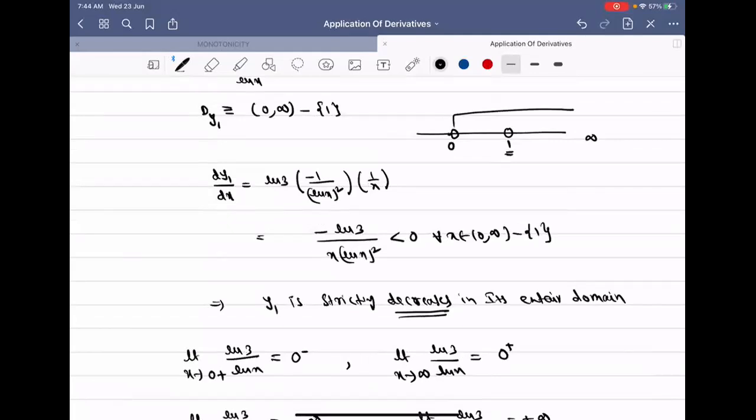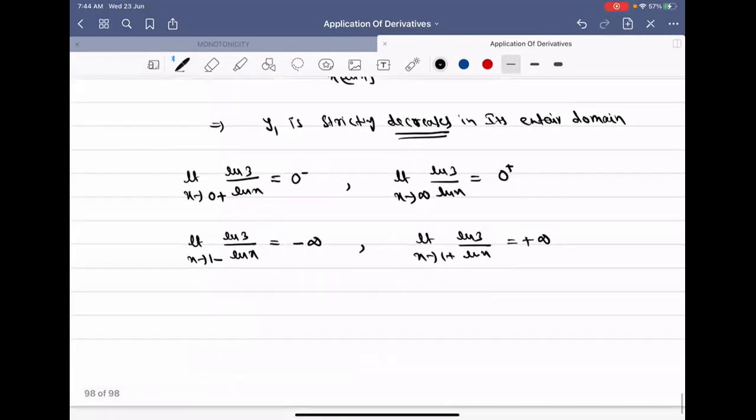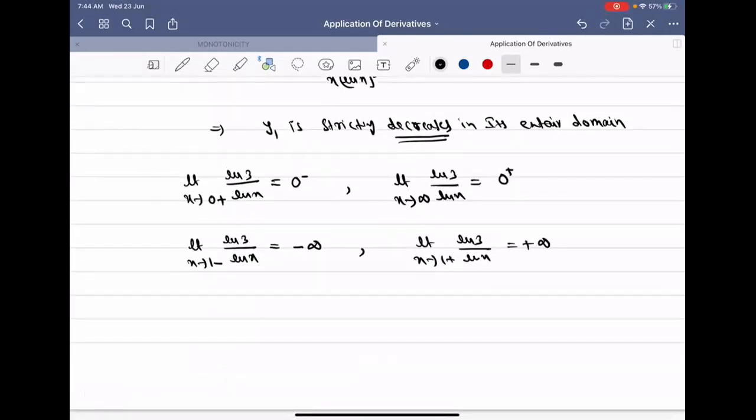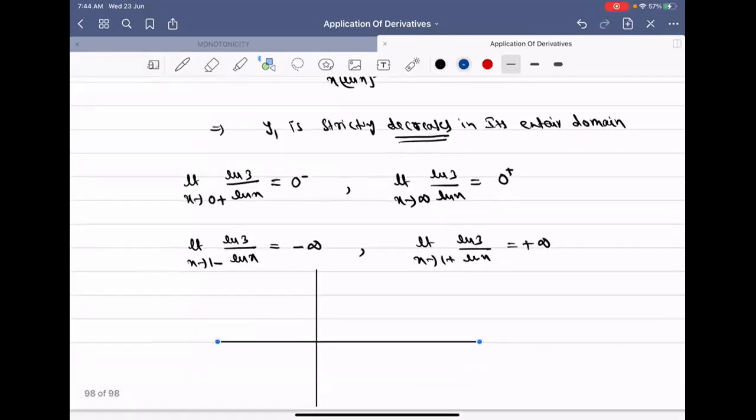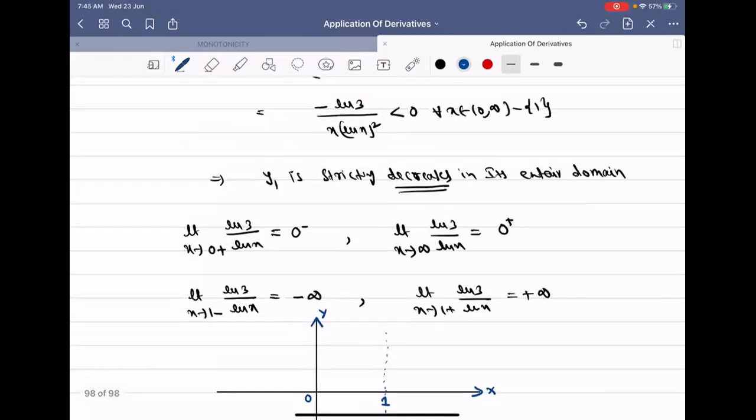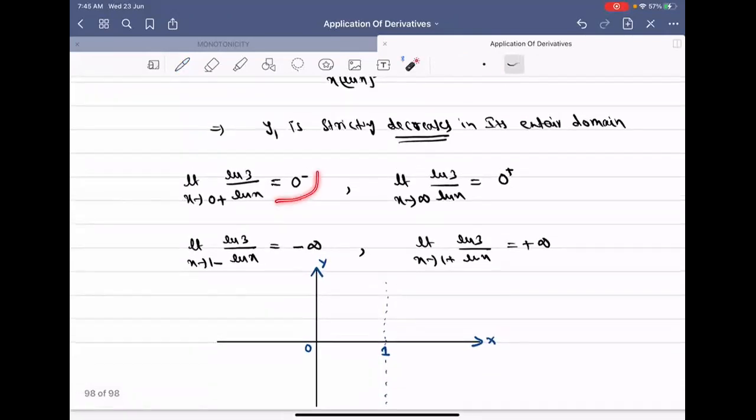Now with the help of this, we can draw the graph of the function. At x equal to 1, discontinuity is there, so we draw a vertical line. This is the x-axis and this is the y-axis. As you approach 0 from the positive side, it goes to 0 minus.